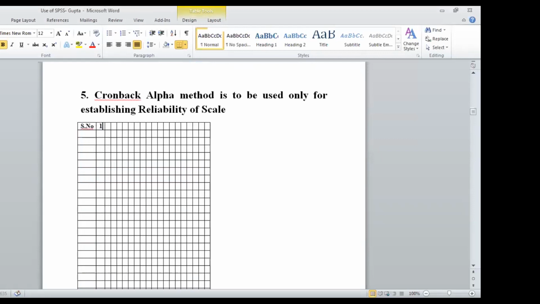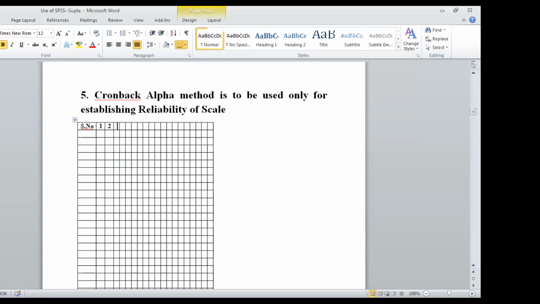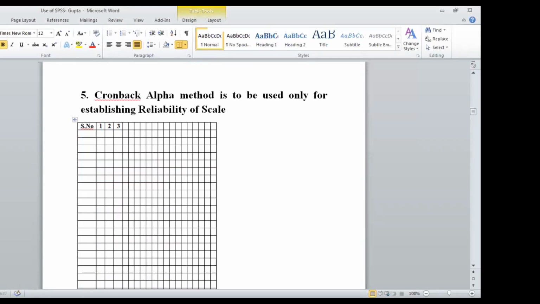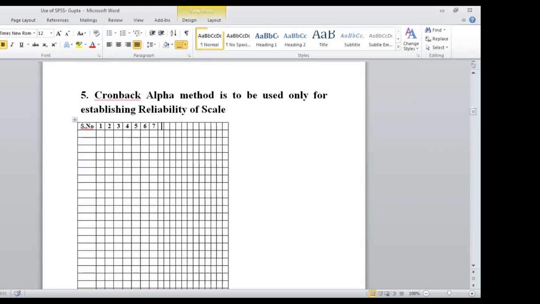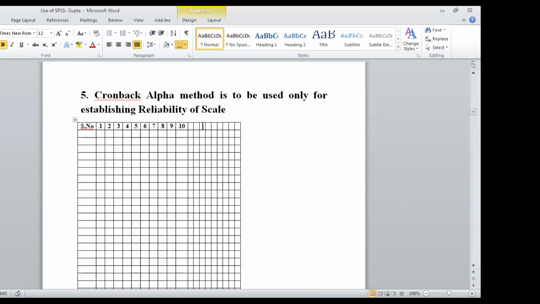And this is your item 1, item 2, item 3, 4, 5, 6, 7, 8, 9, 10. And if there are 30 items, then you have the 30. And here will be the total.